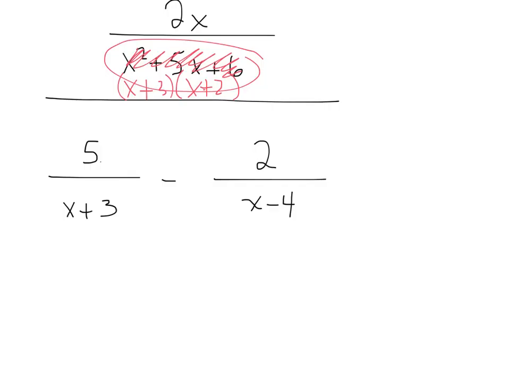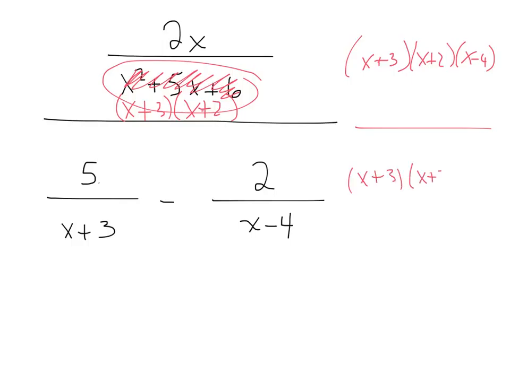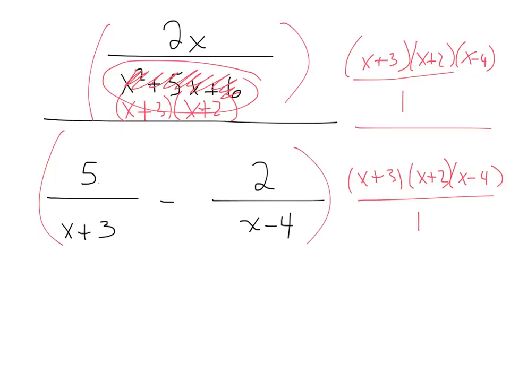Since there are 3 factors, the LCD is a triple product. So we multiply the top and bottom by the quantity x plus 3, x plus 2, x minus 4, all over x plus 3, x plus 2, and x minus 4. If you want to put that over 1, if it helps you, that's fine.